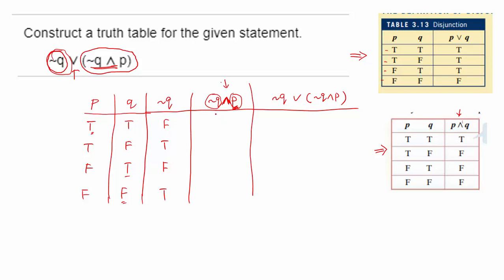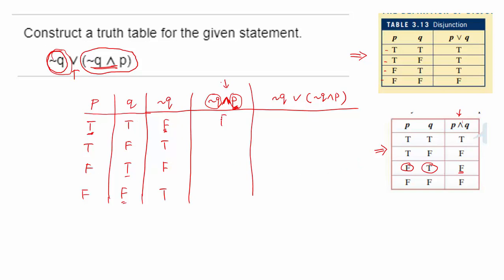So let's look at the first pair. If you look at the first row, the negation of Q is F, which means false, and the truth value of P is true. So you have a false, true combination, and the conjunction is going to be false.